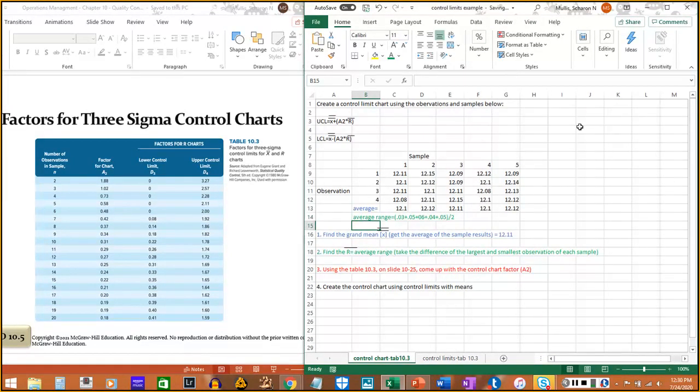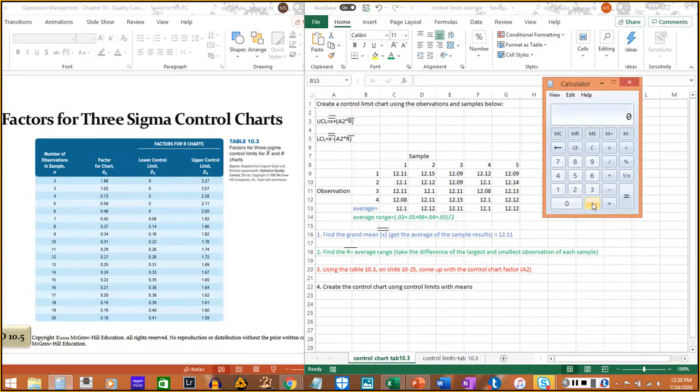Then whatever number we come up with, we divide that by 2, 0.115.